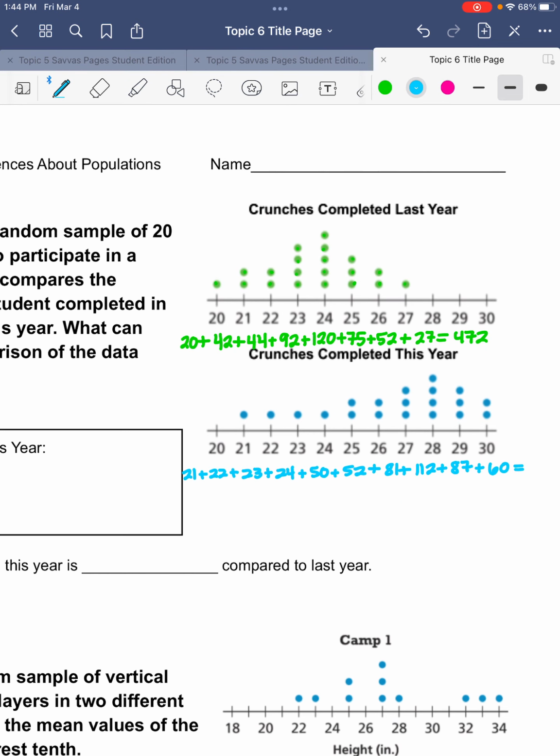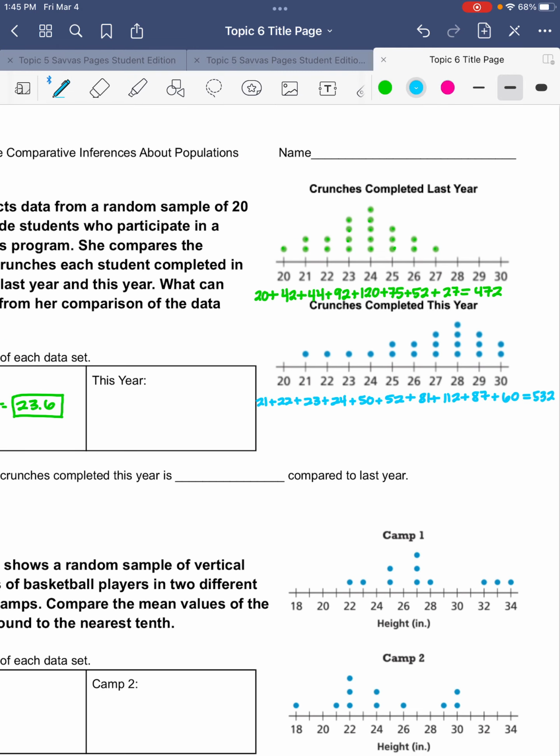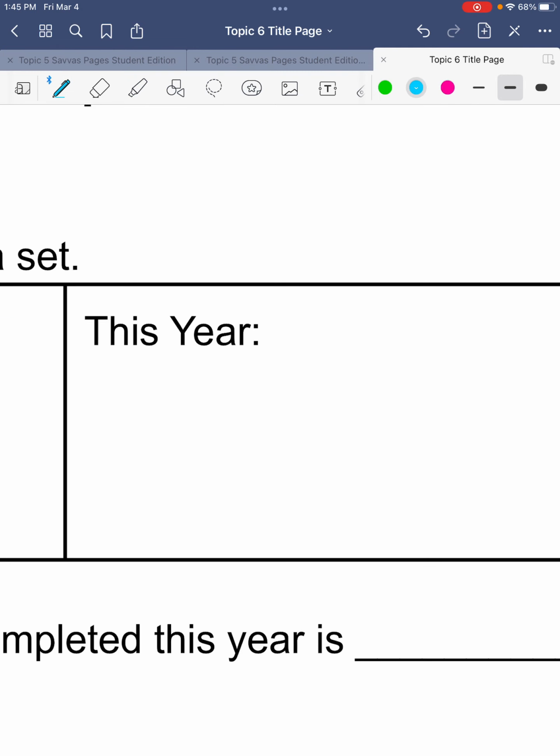So I'm going to add up all of that data, put that in my calculator, and when I add it all up, I get 532. Now that is not my mean. It's just the total, the sum of all of my data. So I'm going to take that sum, 532, and divide it by the number of dots on the dot plot.